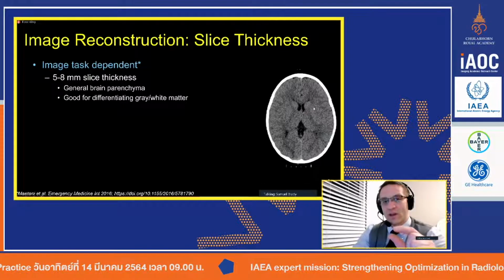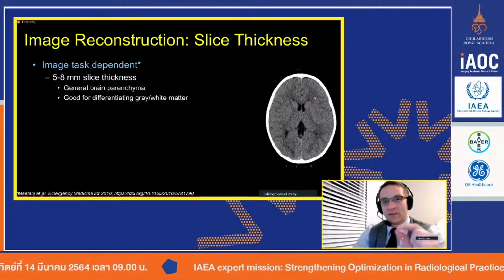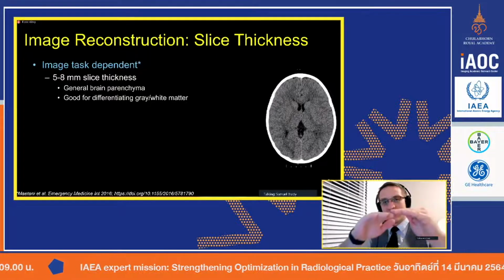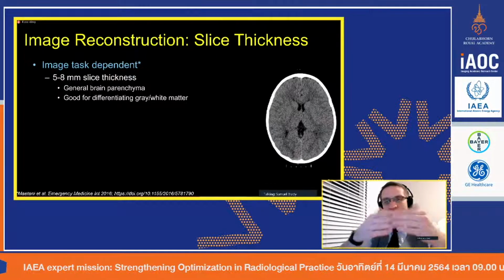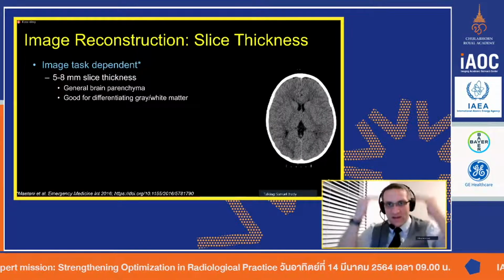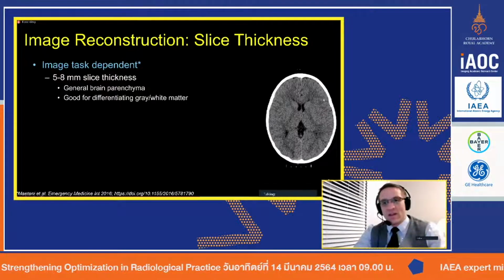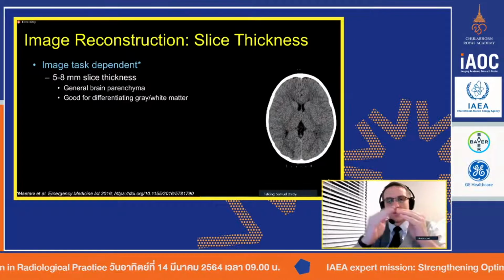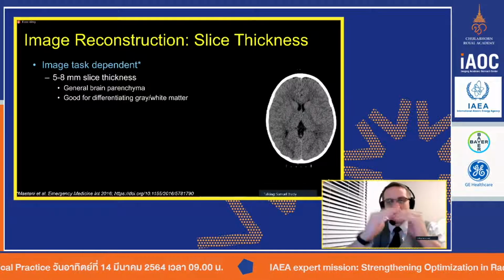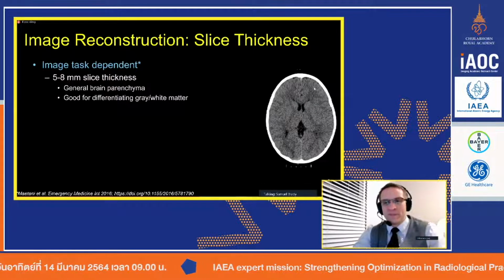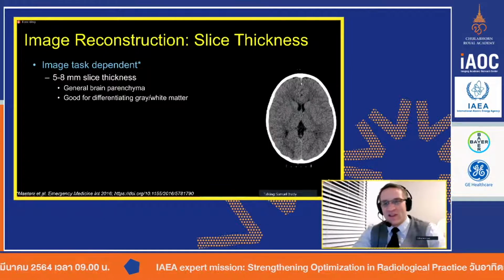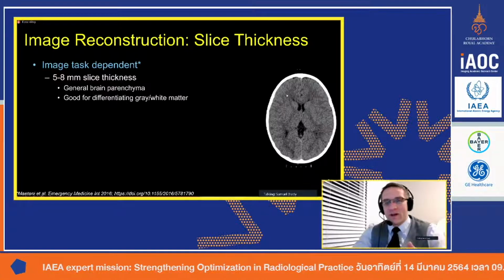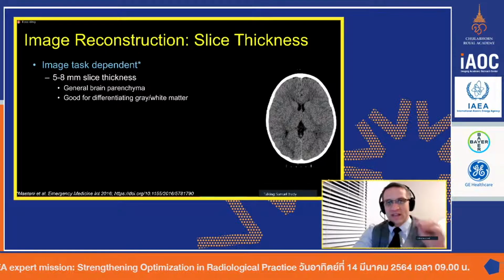If we are able to look at kind of the effect of the overall thickness of the gray-white matter as we're going along the z-axis or the craniocaudal axis, then it can kind of make the gray and white matter differentiation stand out a little bit more. So too thin of a slice, and you really lose a lot of that information. Unfortunately, gray and white matter really have nearly the same Hounsfield unit.